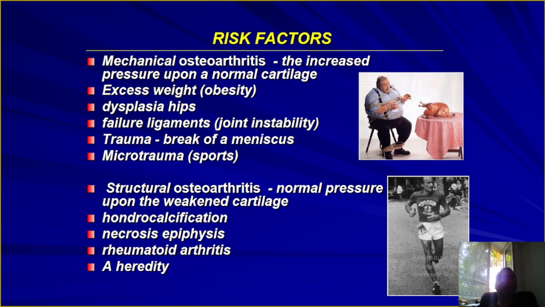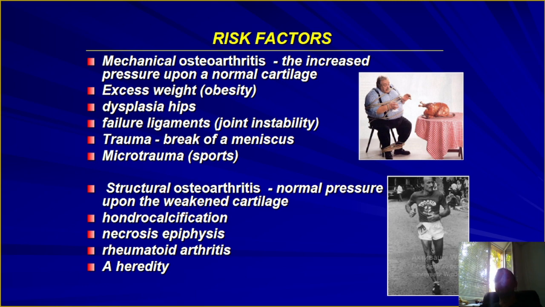Different types of trauma, fractures, interarticular fractures, periarticular fractures, trauma of ligaments, instability of the joints because of trauma of the capsule or tendons, all this is leading to development of osteoarthritis as well.